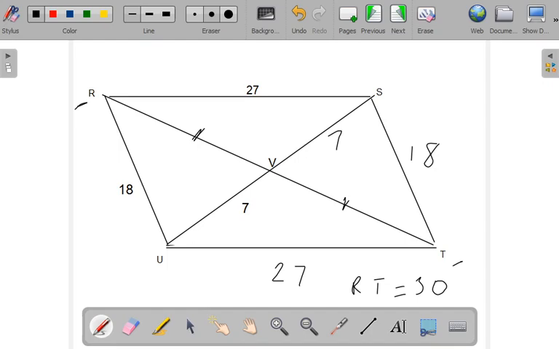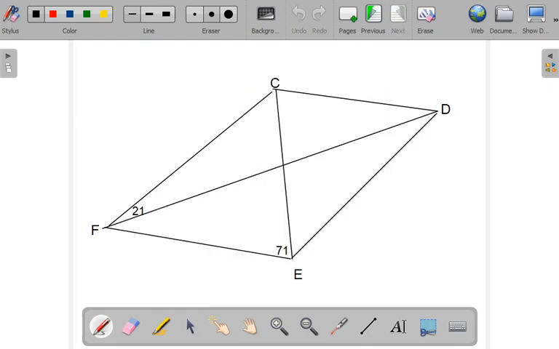So RV would be 15, and VT would be 15. So this is kind of an example without angles, just with sides and finding their lengths. So let's do one that has angles included. So let's do this problem here.